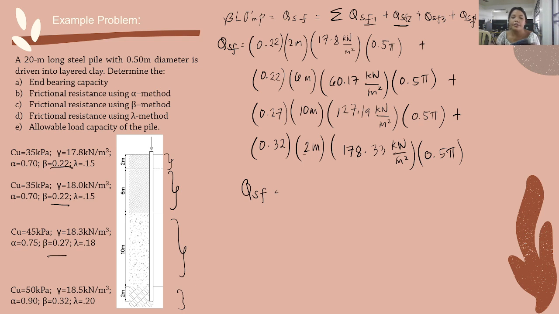So, all in all, the QSF is equal to 855.7708 kilonewton. That is now your skin friction resistance using the delta or beta method.